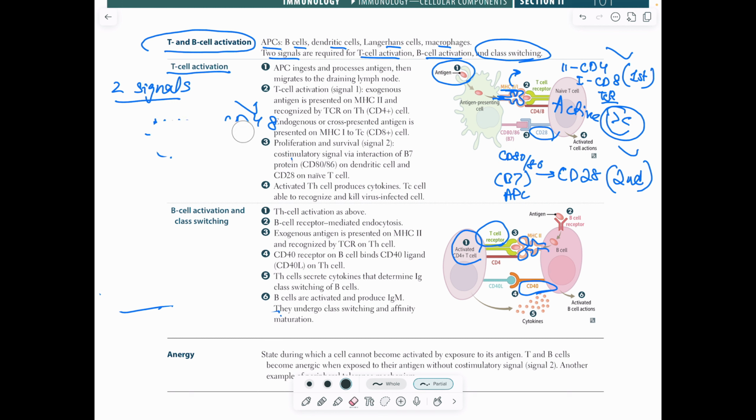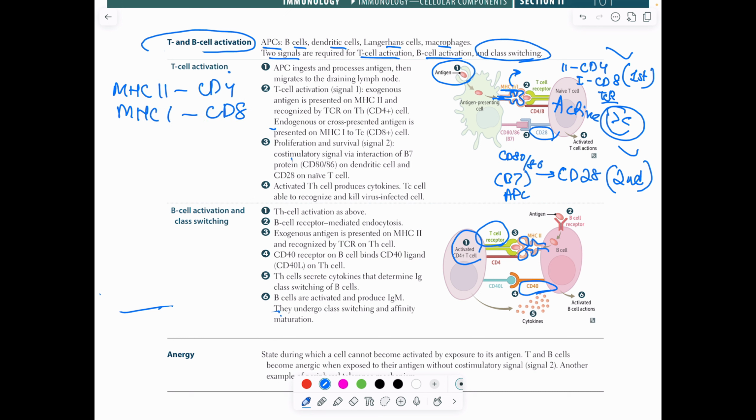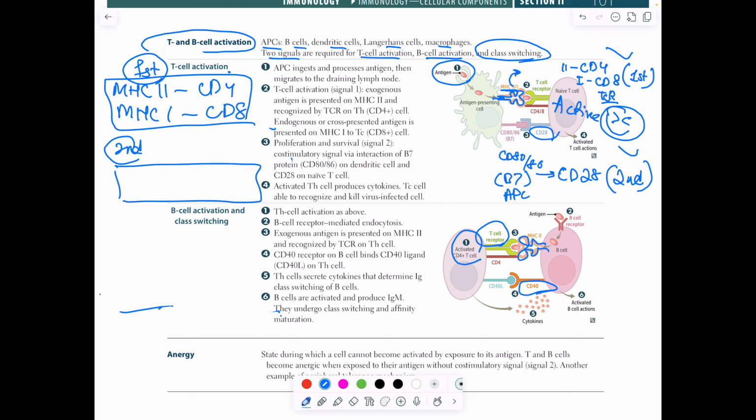For T cell activation, it is MHC II for CD4 and MHC class 1 for CD8, and they are going to attach. This is the first signal. The second signal is between CD80, 86 or B7 of the antigen presenting cell, which is going to attach with CD28 present on the T cell.